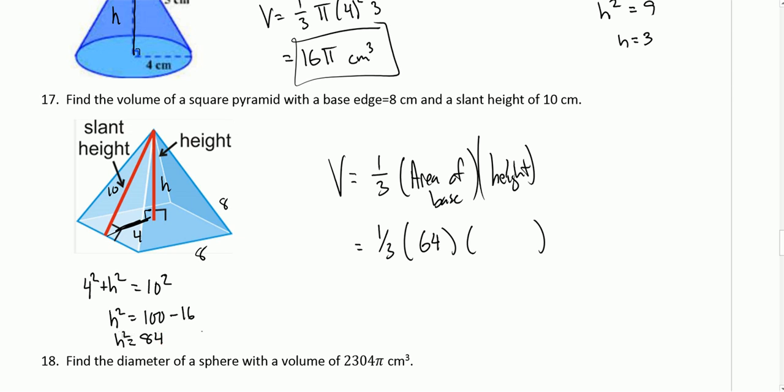So the height is the square root of 84. I'm going to approximate this. So it's roughly 9.2 centimeters.